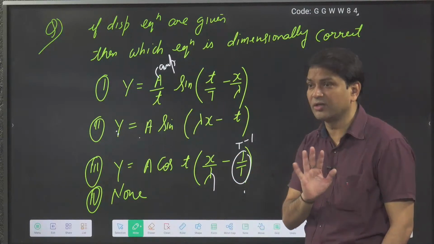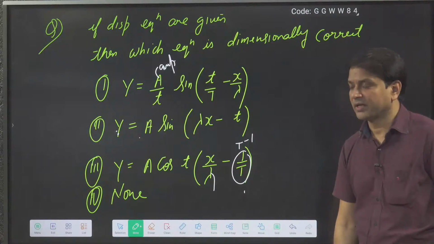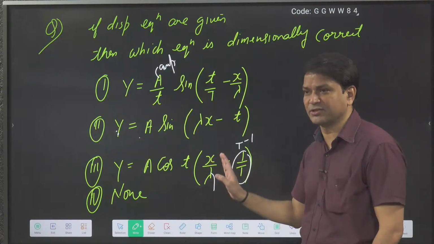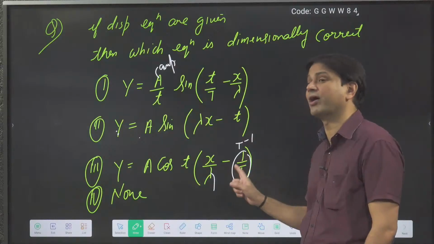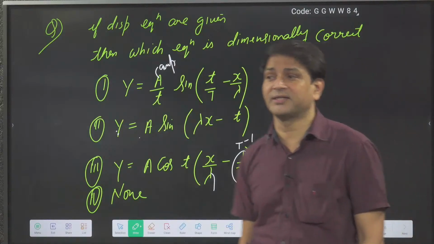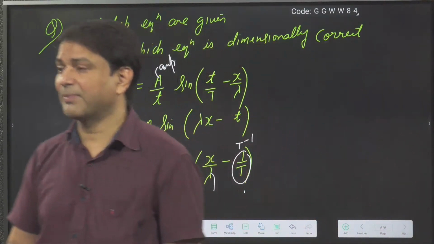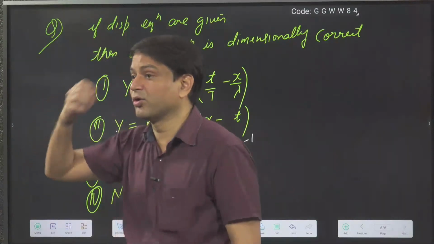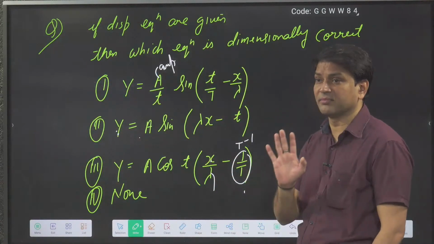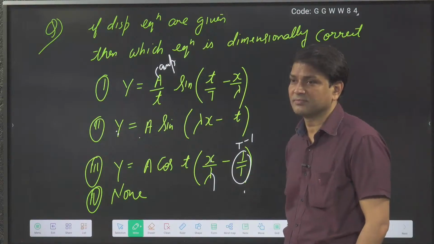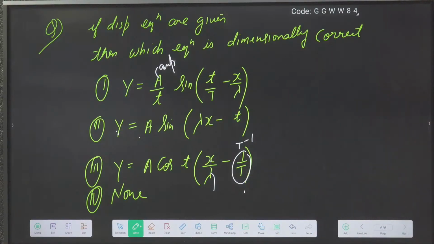Here x by lambda is dimensionless. That is right. It is an angle. And I am subtracting 1 by t. What is the dimension of 1 by t? T minus 1. So here I am subtracting dimensionless minus t minus 1. Is it meaningful?